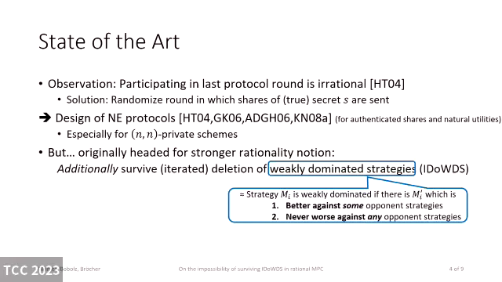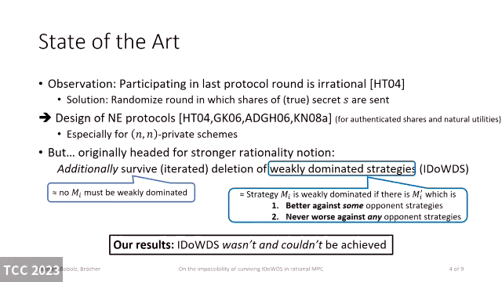A strategy is weakly dominated if there is another strategy which is never worse against any opponent strategy, but sometimes it's better, right? And intuitively, if we think we have a protocol and we know our strategy is weakly dominated by another strategy, why shouldn't we change to this weakly dominating strategy? Well, and that's the essential meaning behind these lot of works. So behind this IDOMs notion, no protocol prescription or no strategy from our protocol must be weakly dominated.